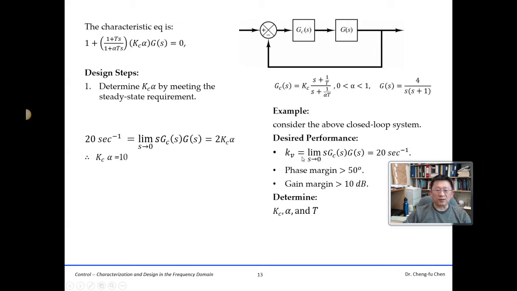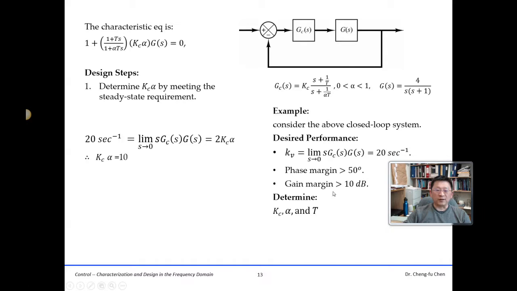One is the Kv, which is based upon the steady state requirement. I'm going to demonstrate this in a little more detail. The second is that we wish the closed loop system to have a phase margin larger than 50 degrees. To do so, we have to know the phase margin of the open loop system, and we're going to do it quickly.